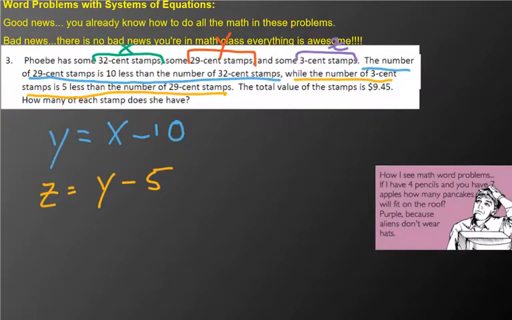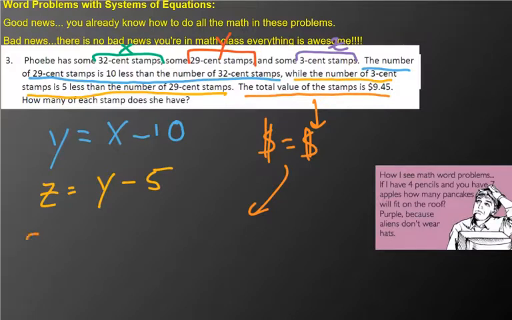And for this last part, let's pick a color. We know that the total value of stamps is 9.45. So this is going to be a money equals money equation. The total value is a mix of how many of those stamps were sold, multiplied by their price and then added together.